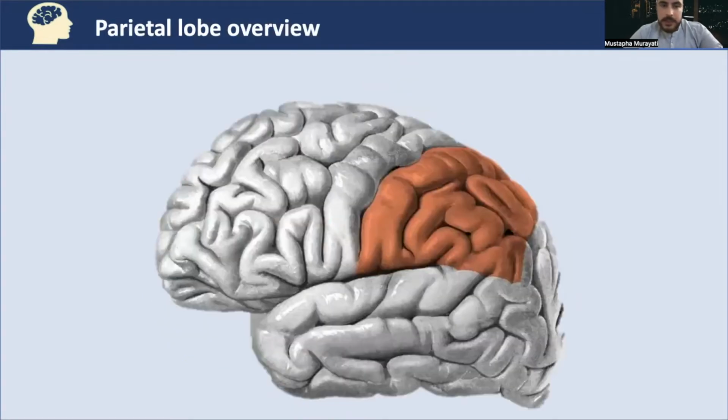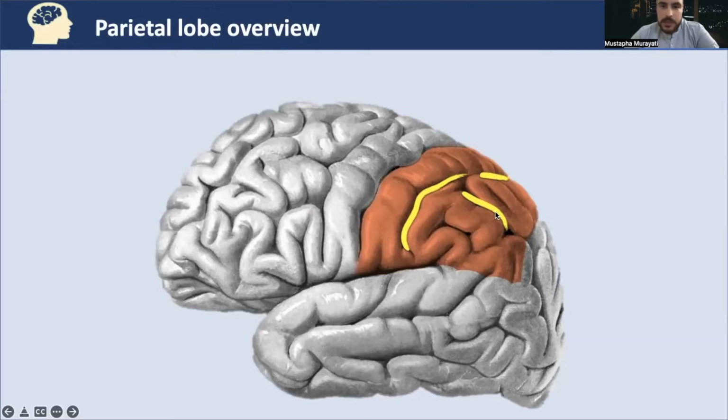Now let's move on to the parietal lobe. We'll take a quick overview of the surface anatomy. This is the parietal lobe. It's located between the central sulcus anteriorly and the parieto-occipital sulcus posteriorly, and inferiorly it has the Sylvian fissure and continuation with the temporal lobe. Here we have the interparietal sulcus.